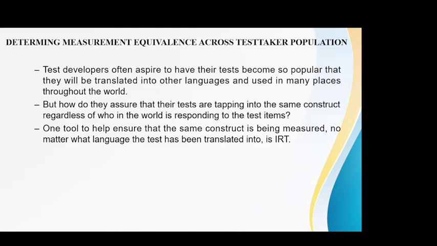Despite carefully translated test items, it sometimes happens that even though the words may be linguistically equivalent, members of a different population, typically a population other than the one for which the test was initially developed, may interpret the item differently.